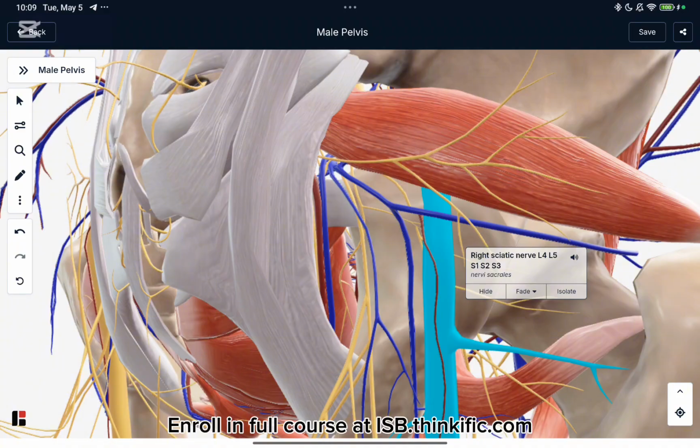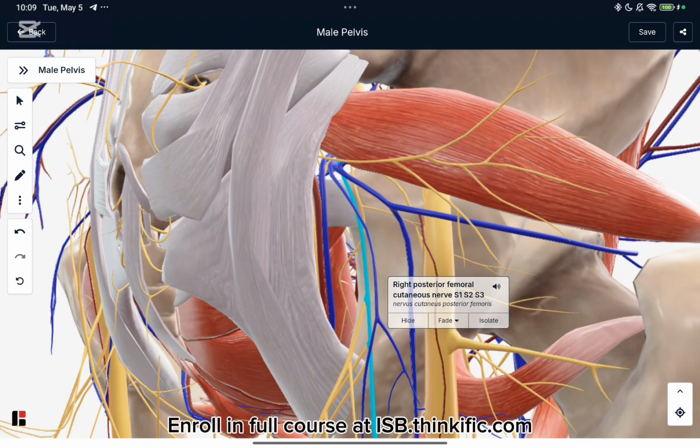In addition to the sciatic nerve, there's a group of other nerves. Now just know them by name. We will talk about them in detail later. The posterior cutaneous nerve of the thigh, or posterior femoral cutaneous nerve, which is this one, supplies the back of the thigh and the posterior aspect of the scrotum. Then little nerves that go into the muscles in this region, including the nerve to quadratus femoris, the inferior gluteal nerve, and the internal pudendal vessels and nerves.